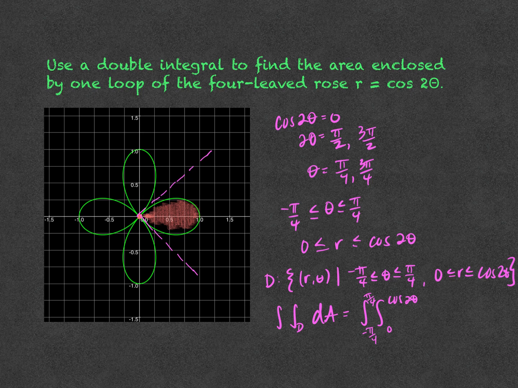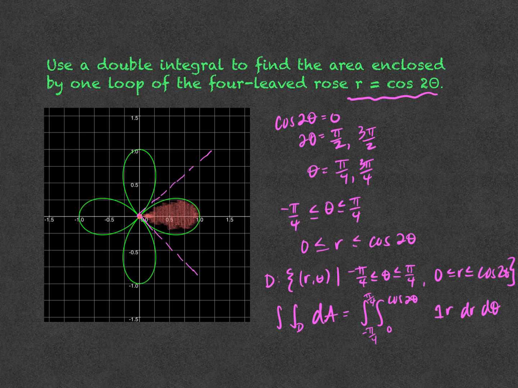Now when you do this, we've used everything that we're given: the angles and the equation. So often when we do this, the number 1 is going to be here, and there's our extra r, dr, d theta.